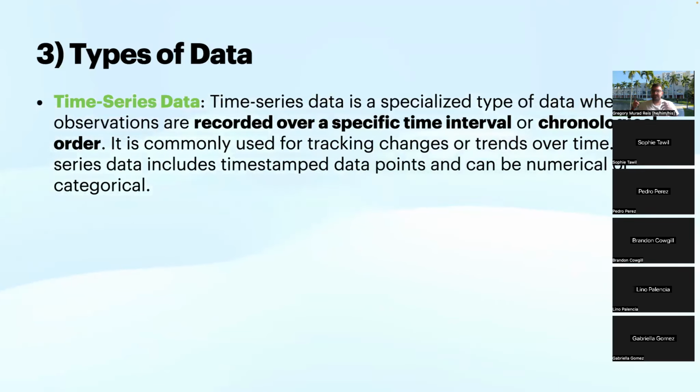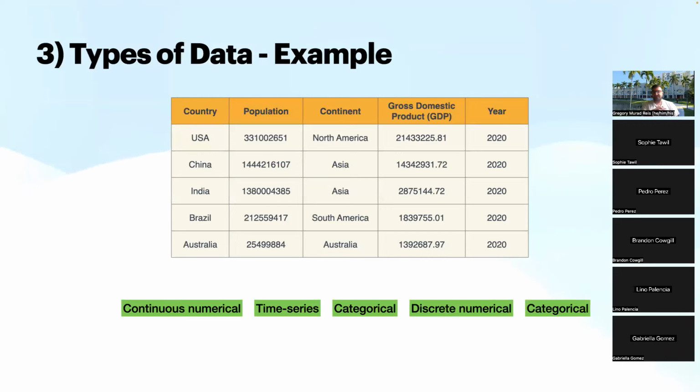This means I have a specific time interval where the robot measures some properties of the water, to extract the quality and health of the bay. So I deal with time series or temporal data. It's commonly used for tracking changes or trends over time and includes timestamped data points that can be numerical as well.